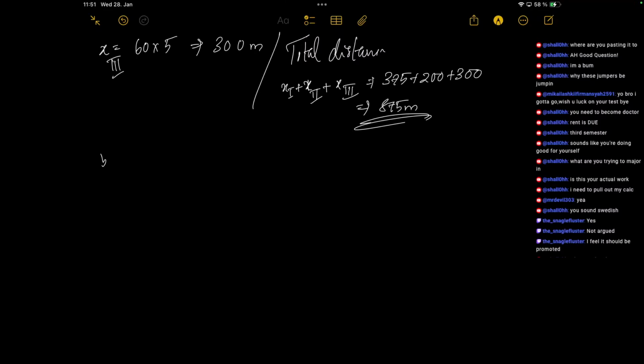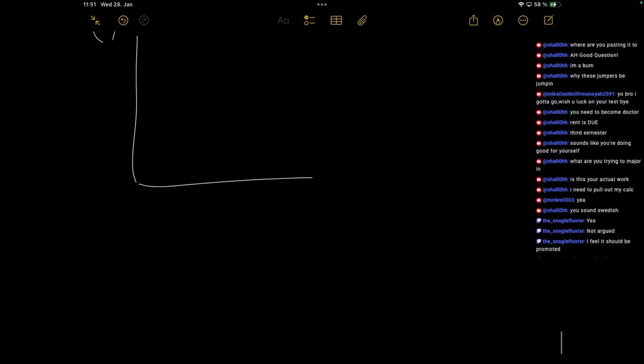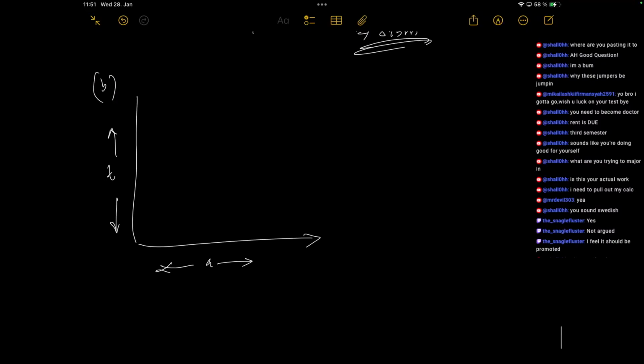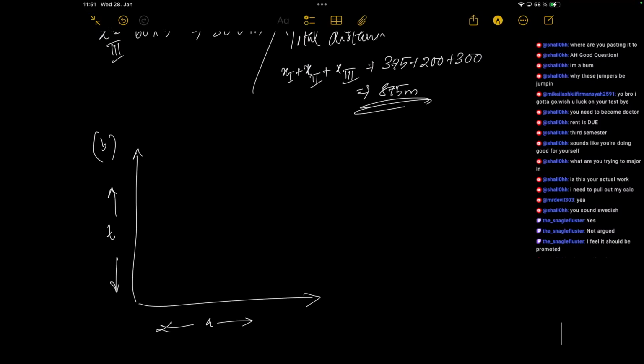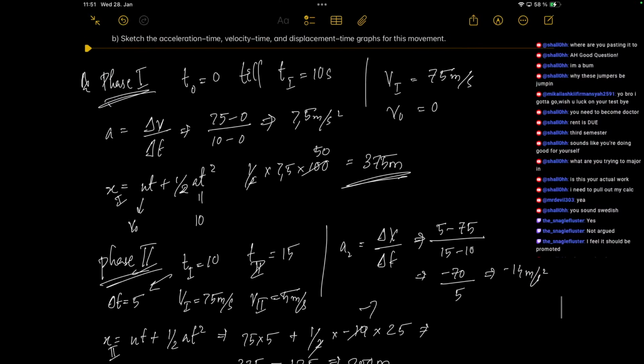Why you gotta do me like that, bro? So, first one is the acceleration-time graph. How is the acceleration? It starts from a particular acceleration, from what I understand. Then it goes to the highest, which was 7.5, right?